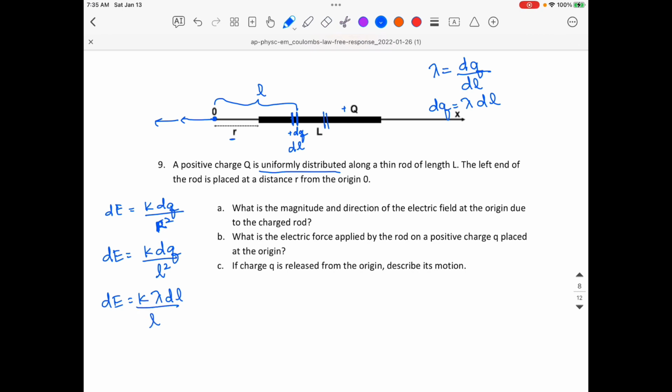And then now we've got our variables, L and dL, so we can pull out all the constants and start to integrate. I'm going to pull out the K lambda. I'm going to write the L as L to the negative 2, and then I'm going to integrate the L variables, and then integrate dE.